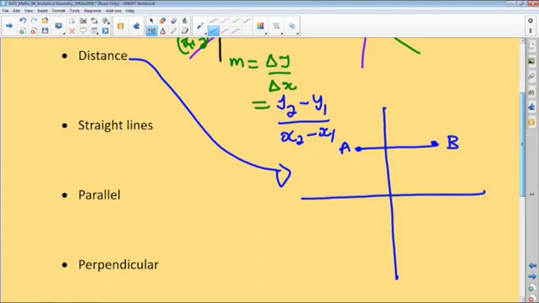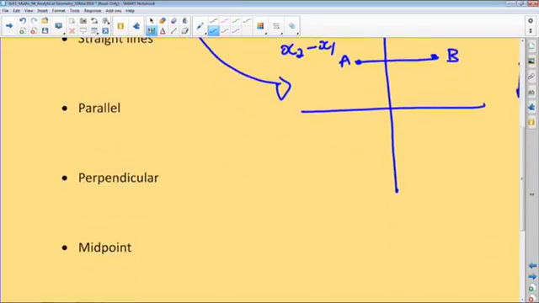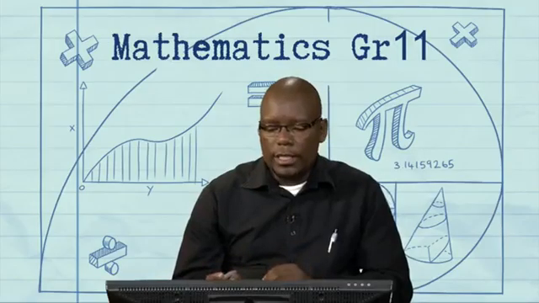But if you have a situation like this, where point A has x negative and y negative, and point B has x positive and y positive, you need something that will help you work out the distance.